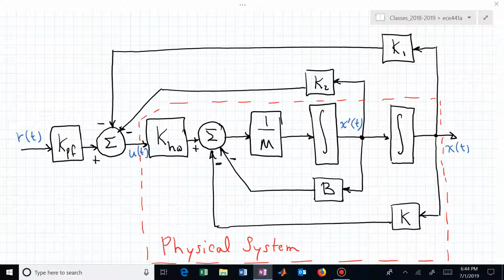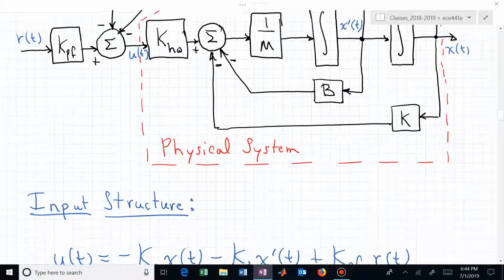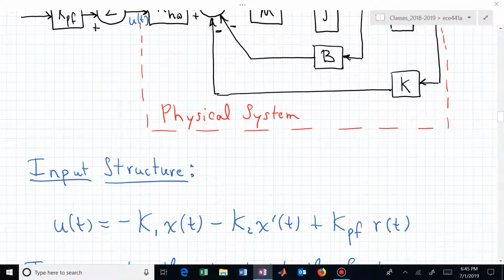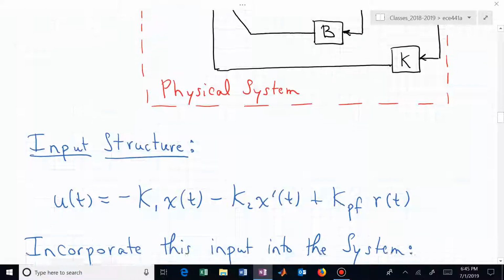Now we can write our input signal u, which is the output of that leftmost summing junction, as a combination of all of the input signals going into that summing junction. The input structure in this lab is minus k1x, so k1 is scaling the position, minus k2x prime, where k2 is scaling the velocity, and k sub pf, our reference input scaling factor.